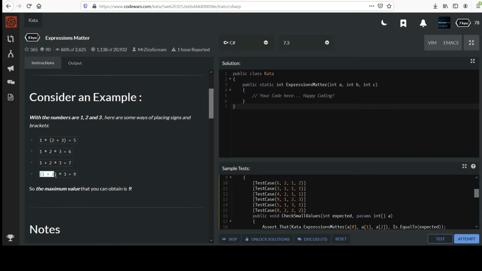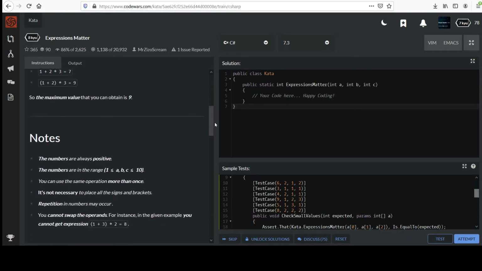Instead of multiplying the 2 by the 3 right away, which would happen without the parentheses, it's going to do this addition first, then multiply by 3. And so they're saying here that the maximum value you can obtain is 9. This clearly isn't every combination, but yeah.